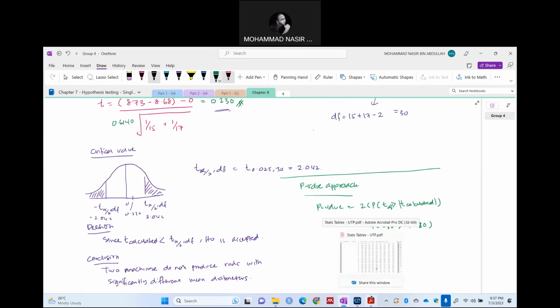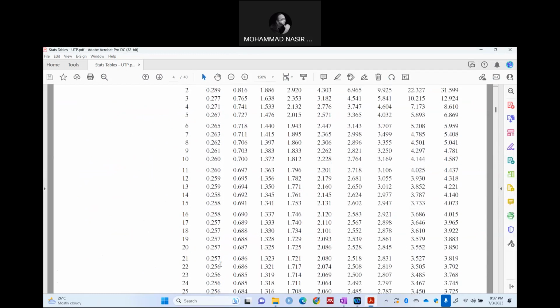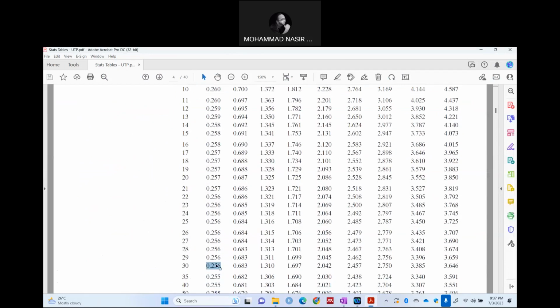So we look at the statistical table, degree of freedom equal to 30, 0.230 is somewhere before, less than 0.26, right? Okay? 0.230 is less than 0.26, right?